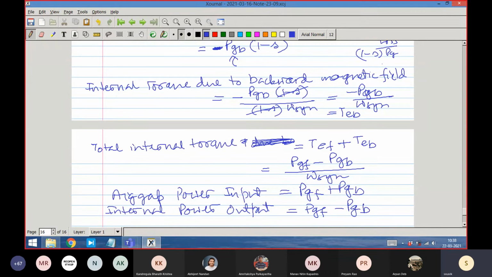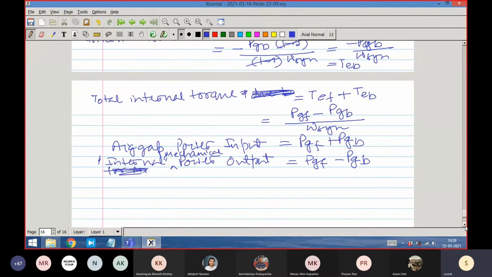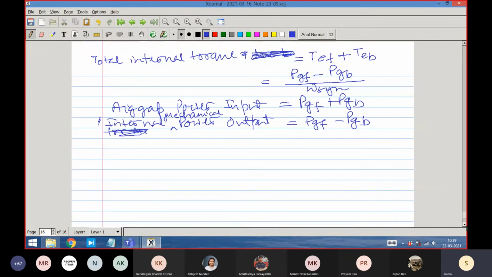This is what is happening. Internal means the mechanical power output before we subtract the other losses like friction, windage, etc. So PGF minus PGB into 1 minus S.